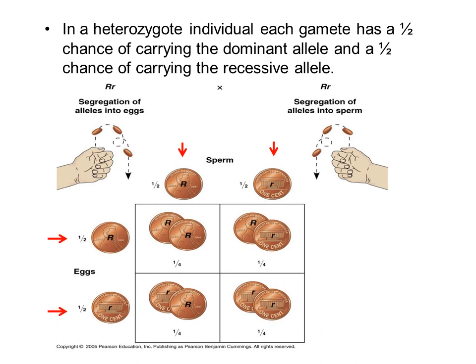This is if the dad is a heterozygote. If mom is also a heterozygote, she has a 50% chance also. So you would put her on the far left side where it has the egg, and 50% chance for her to give a big R and 50% chance for her to give a little r.